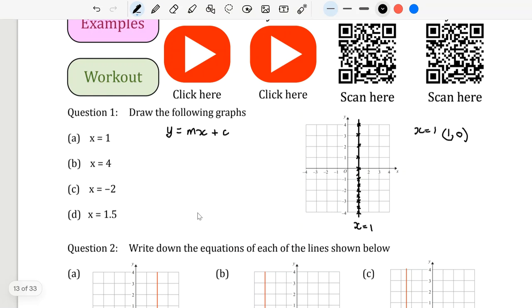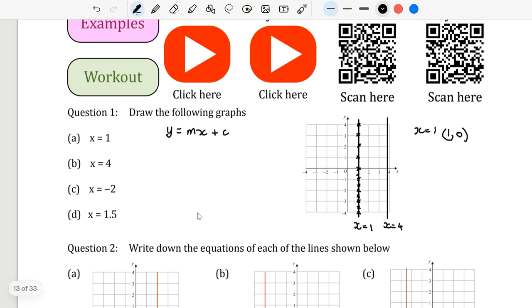So what do you think x equals 4 looks like? Same but where 4 is. Come on, computer. You can see it should be on the 4, but for whatever reason my computer doesn't like it. X equals 4 like that.